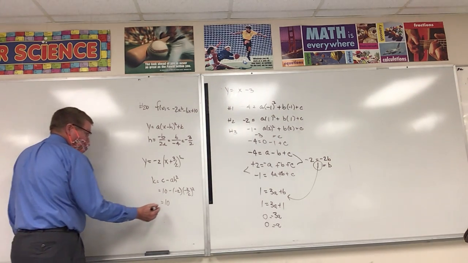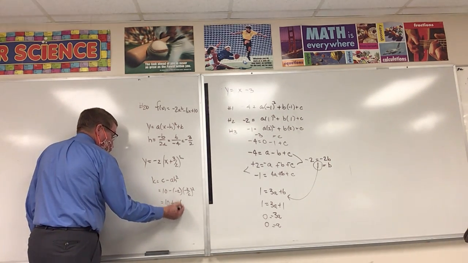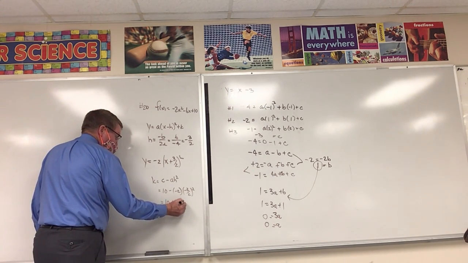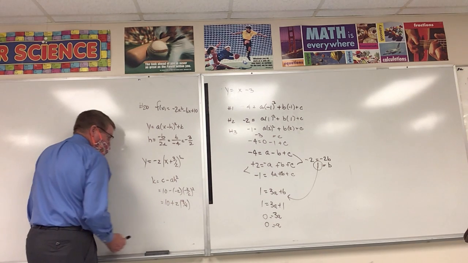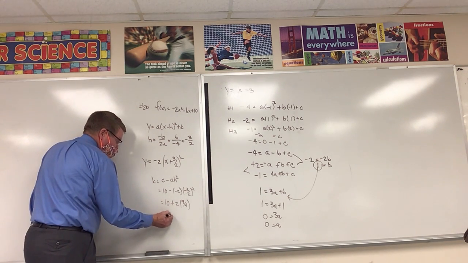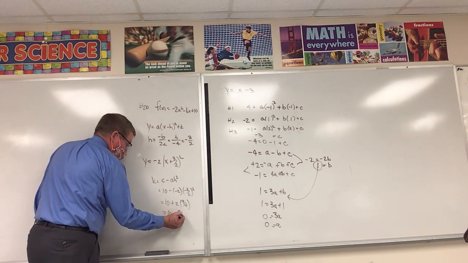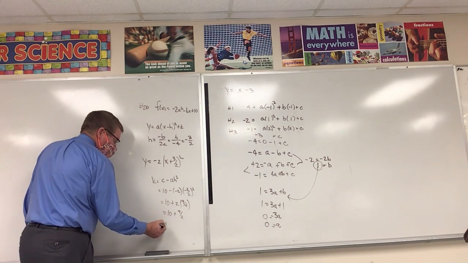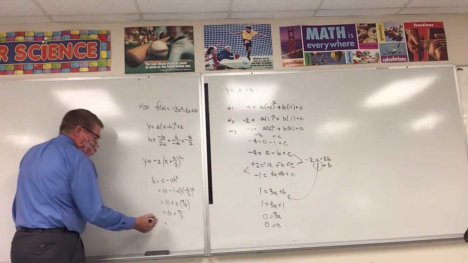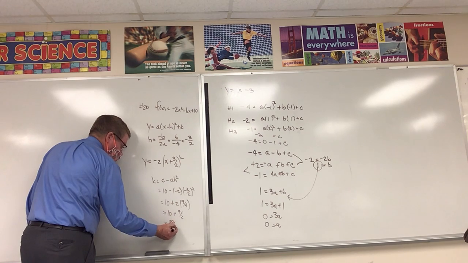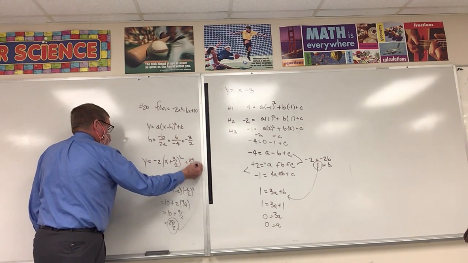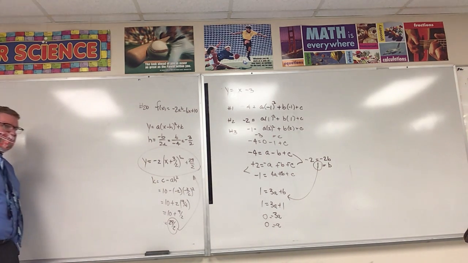Negative 3/2 squared? 9/4? Now we got 10 plus 9 halves. 10 is the same thing as what over 2? 20 plus 9? 29. So there's my vertex form.